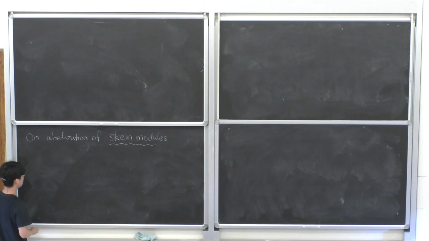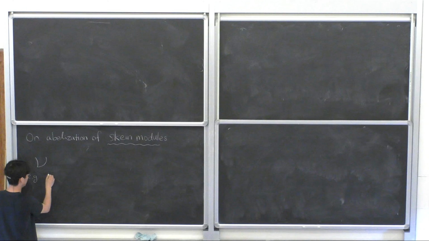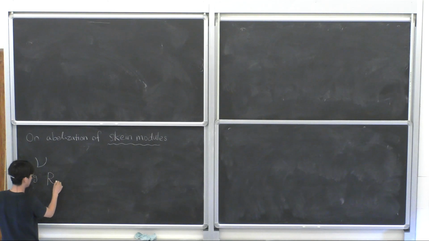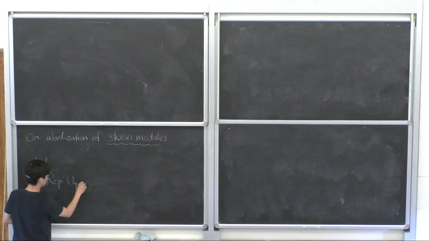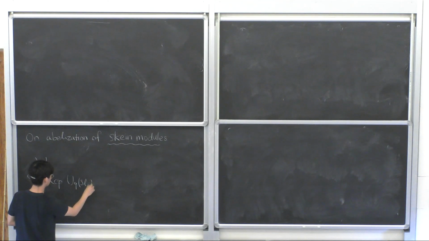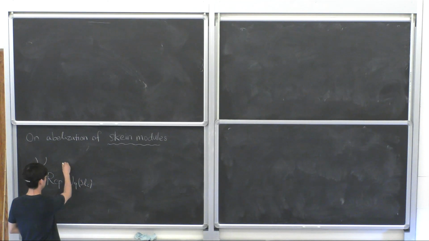Okay, so in general, a Skein module depends on a choice of a ribbon category, which in this talk we'll basically take as the category of representations of the quantum group U_q(SL2).